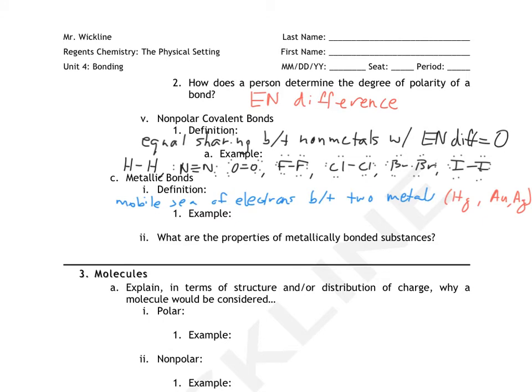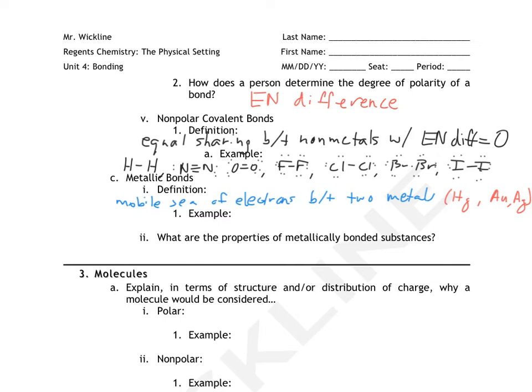I did highlight that basically anytime you write the symbol for any element, you are implying that it has metallic bonds. And the reason is because when I write the symbol of any metallic element, I'm not saying that I have one atom of that element. I am just saying that I only have one element, of which there could be gazillions of atoms, and they of course would all be metallically bonded to one another.